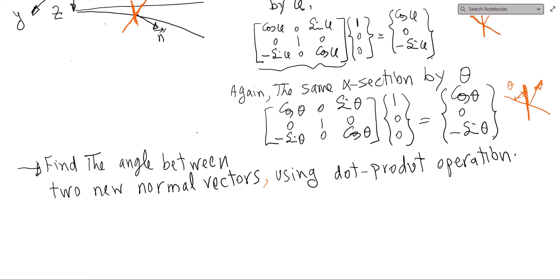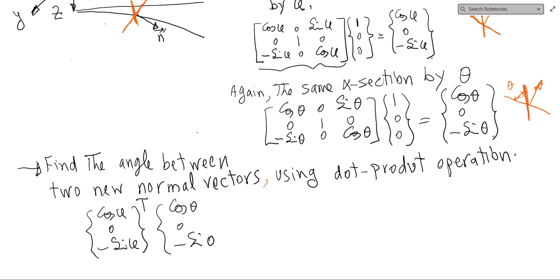Okay, so what happens here, I will write the cosine phi, 0, minus sine phi, transpose, times cosine theta, 0, minus sine theta, and that will give me cosine phi cosine theta plus sine phi sine theta.